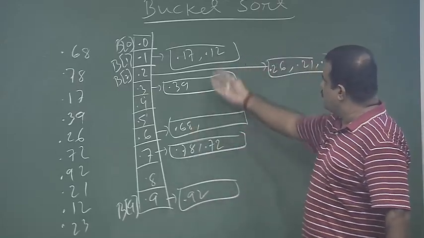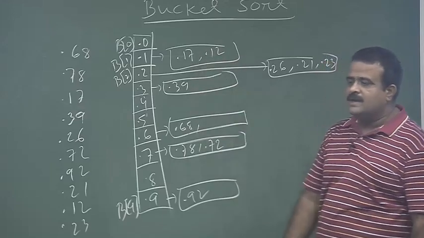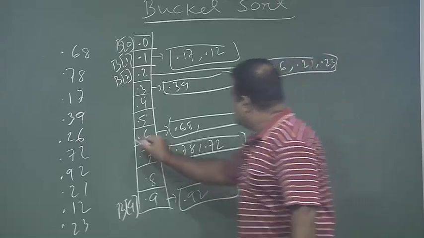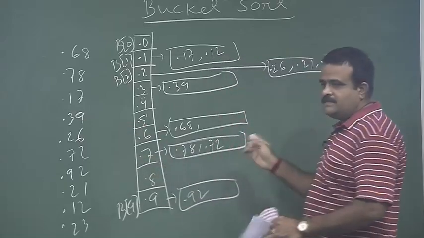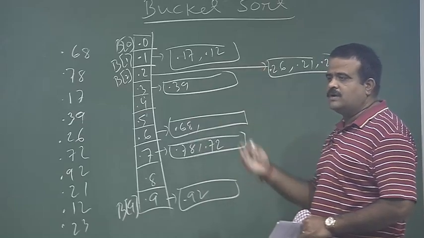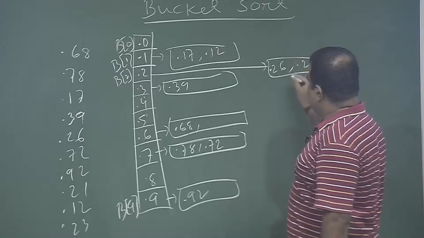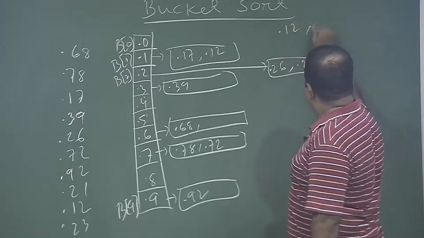Now, we have the individual buckets, and the numbers in them we are going to sort by insertion sort. Suppose in the ith bucket Ni is the number of elements put into the ith bucket. We apply the insertion sort on this and we get 0.12, then 0.17.